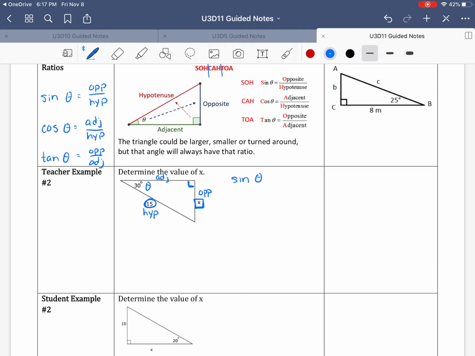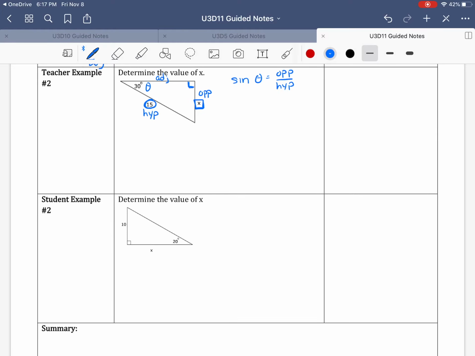So sine of theta equals opposite over hypotenuse. And what we have to do there is plug in our given values. Well, we know theta is 30, so we do sine of 30. What is our opposite? Is x, and our hypotenuse is 15. In order to solve an equation, we want to isolate x.